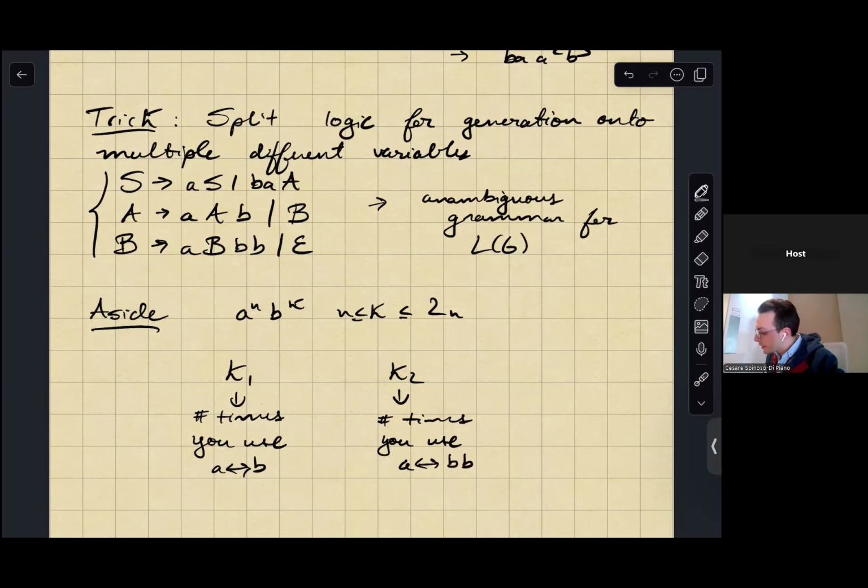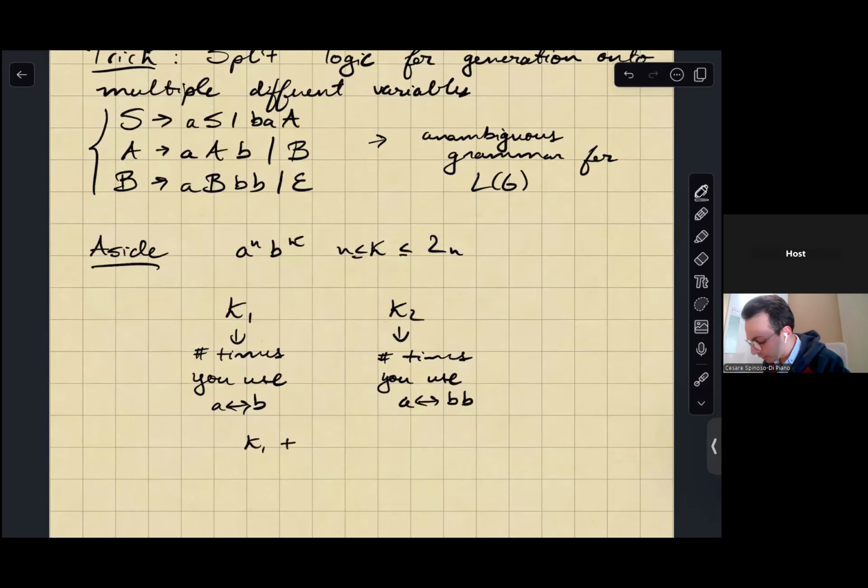Okay. Then if I have K1 and K2, the sum of K1 and K2 has to be N, right? Because the total is just the total number of A's I have in my string, but that's AN, right? So I know that K1 plus K2 is equal to N. So I have this first equation.